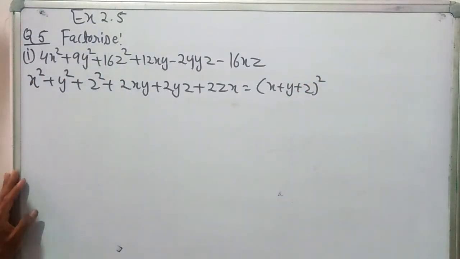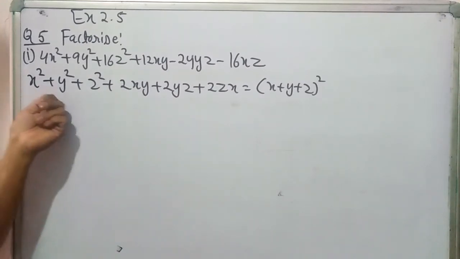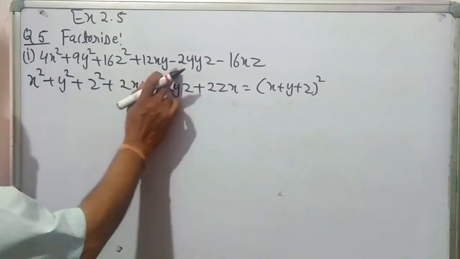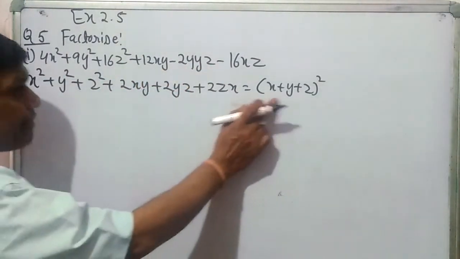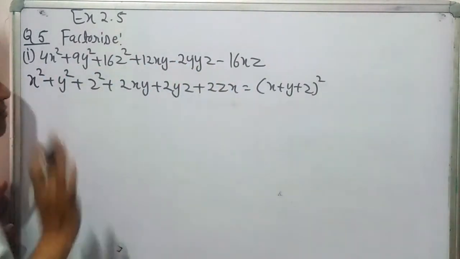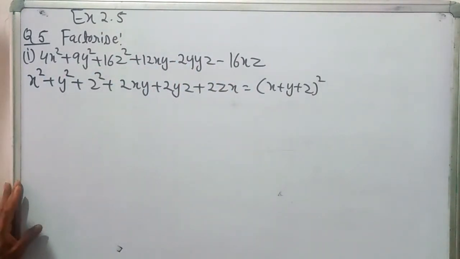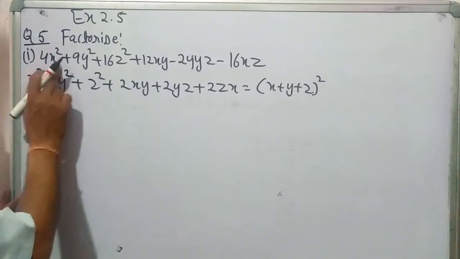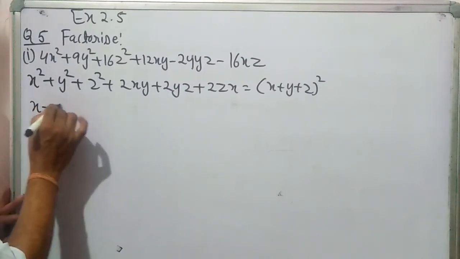The only thing is, we have to identify two things. What are x, y and z? And which out of these 3 should be negative? So for this, first identify the x square is 4x square. So instead of x, we can use 2x.